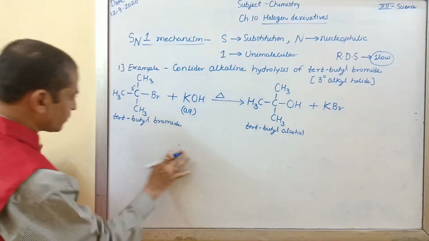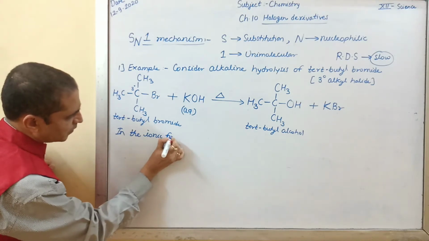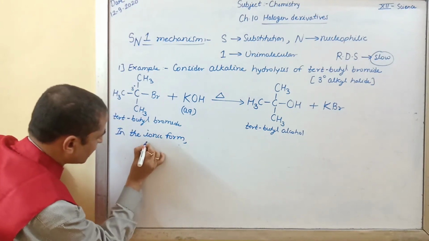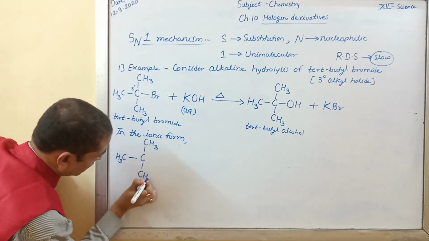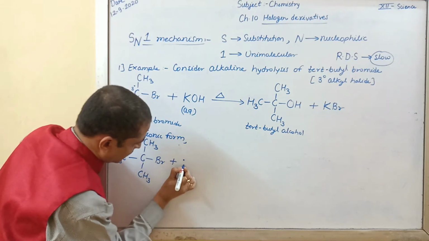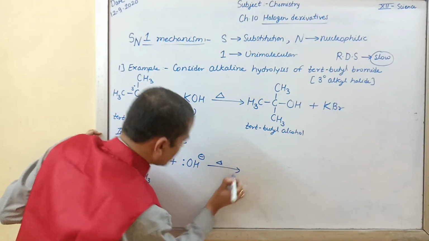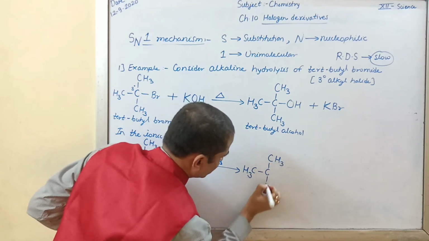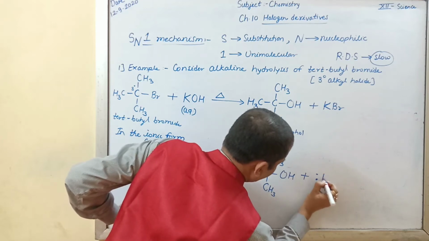And see, in the ionic form, this reaction is written as (CH3)3C-Br plus OH nucleophile, heat, gives (CH3)3C-OH plus Br-.